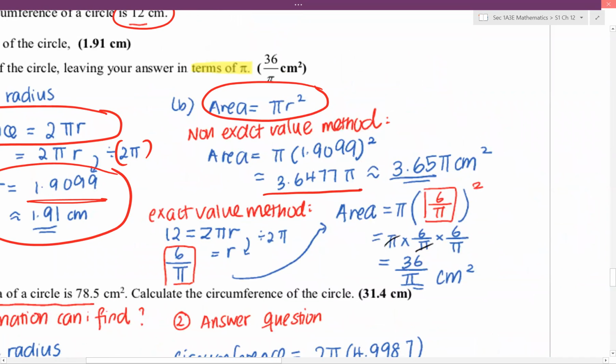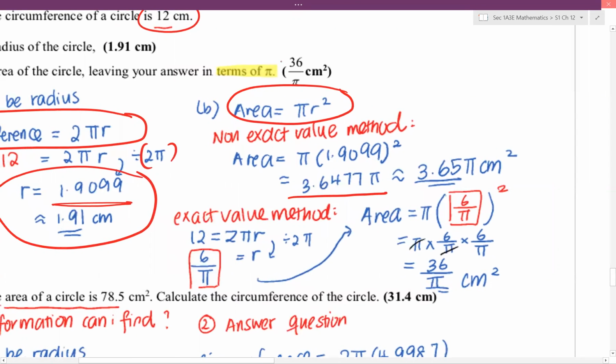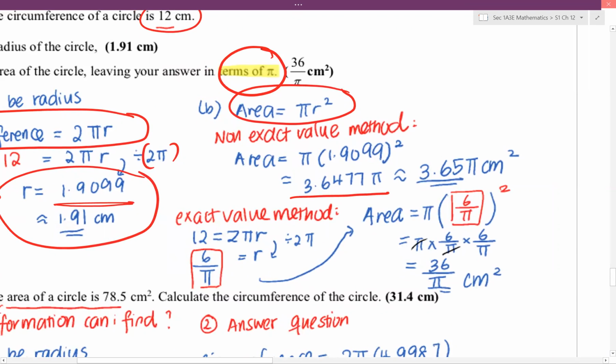And we get this value, 3.6477 pi. Because the question says leave your answer in terms of pi, we do not expect you to multiply by the calculator value of pi. You just need to treat pi as algebra.